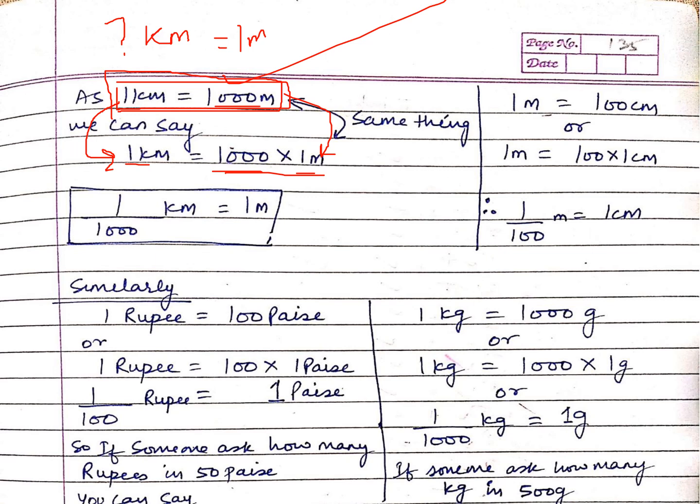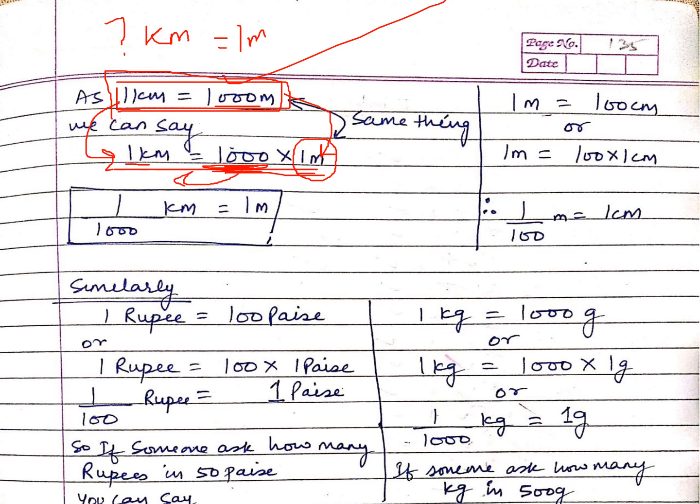But this way of writing will help me understand what I require. Now, I want the value of 1 meter. Whatever we want, we isolate it; we keep it alone on that side. So what is extra on this side? This 1000 is extra. So we have to move this 1000 to the left hand side.